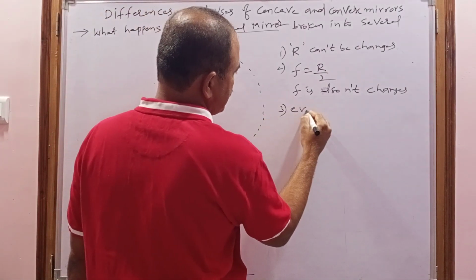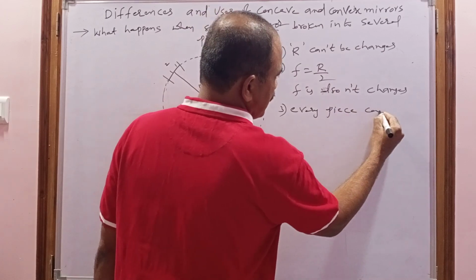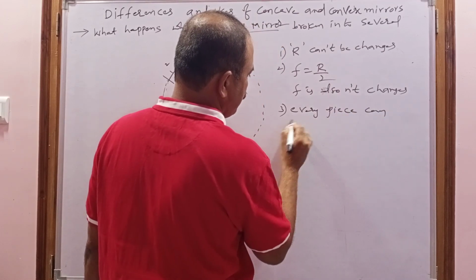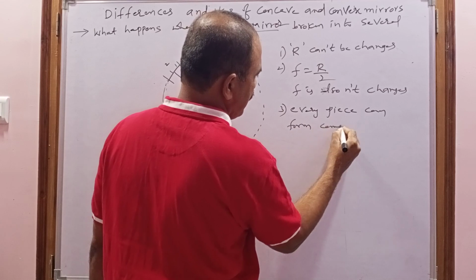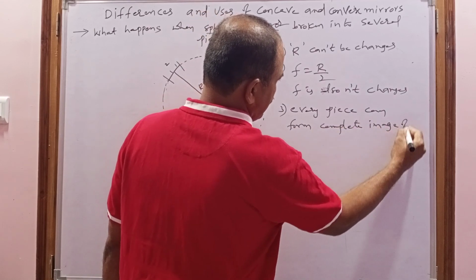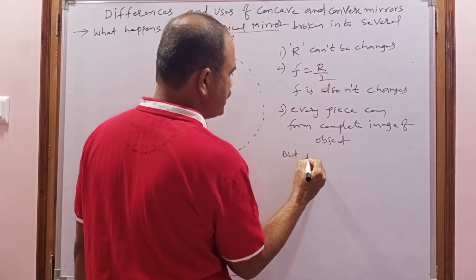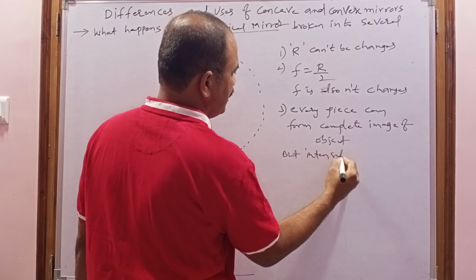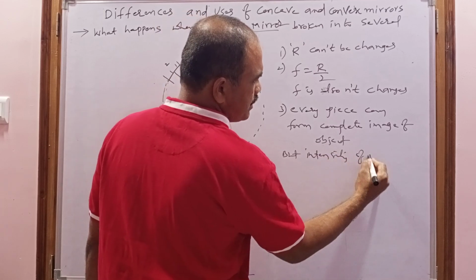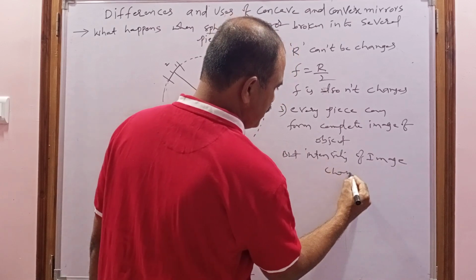So every piece can form a complete image of the object. But the intensity of the image changes.